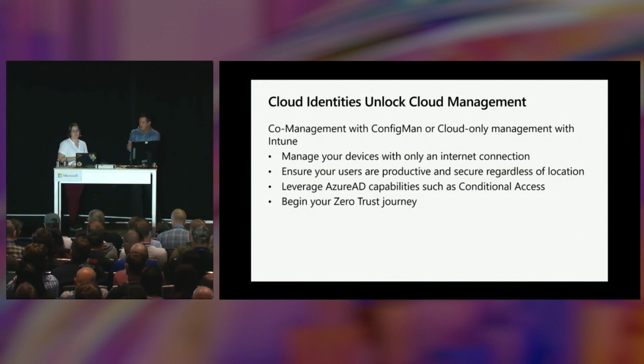This does let us manage our devices regardless of where they are. If your user is working remote from the middle of nowhere and they have internet, they're still managed, they're still safe, and we are able to secure their devices, protect corporate data, and make sure that your users are productive without having to rely on them connecting back to your internal network. Great, thanks.